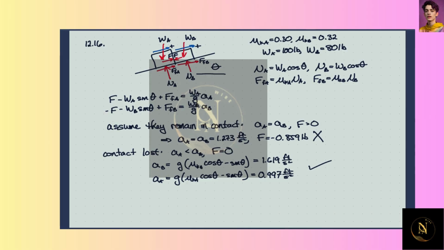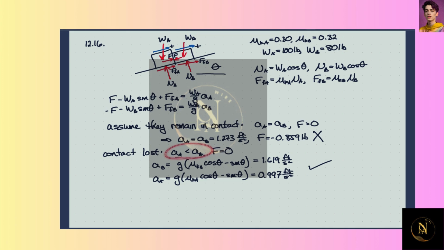The acceleration is g times the kinetic coefficient of friction times cosine of theta minus sine of theta, and again we have a different coefficient of friction. In that case, the acceleration of this box is 0.997 feet per second squared. And we can see that indeed this constraint is satisfied.